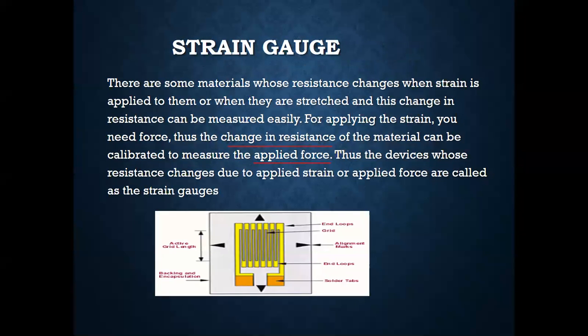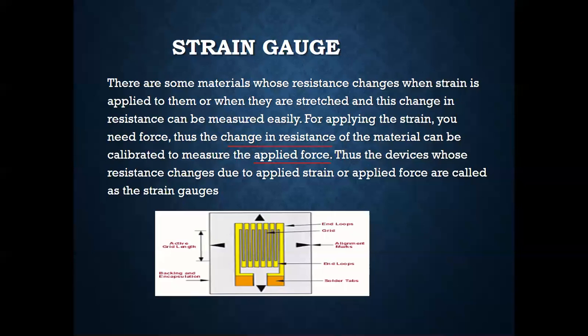So our next topic is strain gauge. What is a strain gauge? We know that if a metal is subjected to tension or compression, its length will be varying.